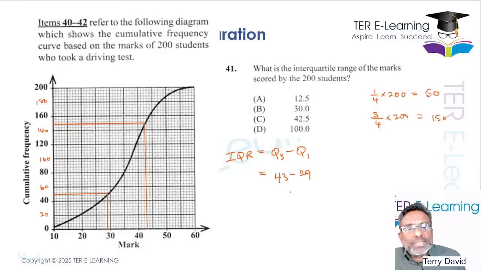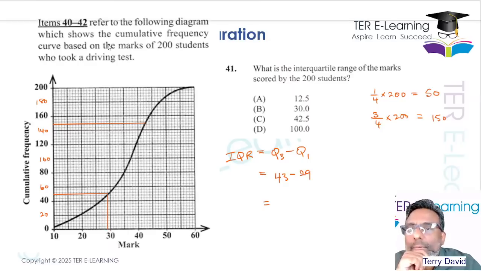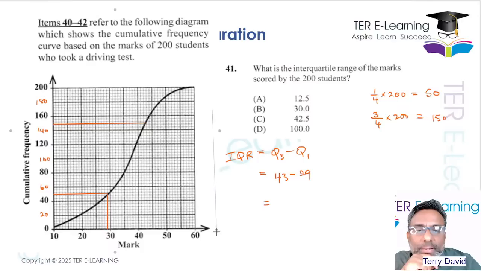So you're going to have to look to see which one will give us an answer close to this. This here is 29. Let me just put a straight line here and see what happens.